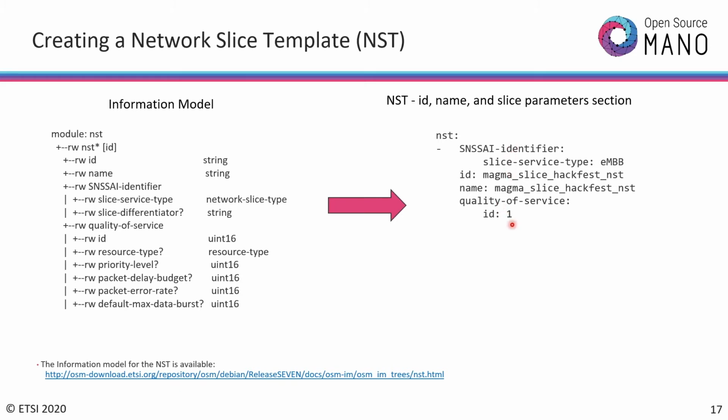These parameters work like this: if you read the network slice template and it says the service that contains my slice requires a service type, for example eMBB, then I am going to deploy my network slice instance in an infrastructure that supports this type of service.